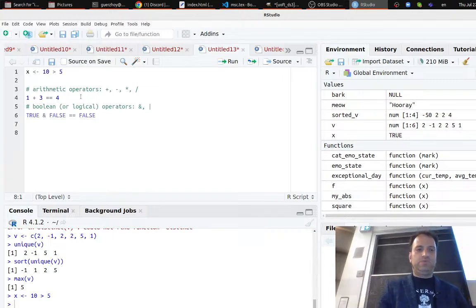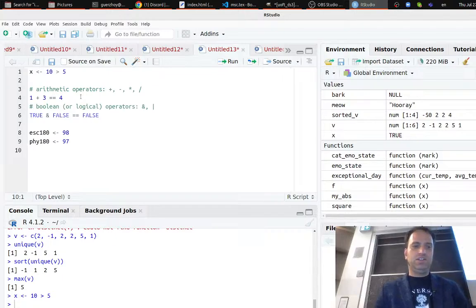And we can write it like this, right? Let's say ESC 180 is 98, and Physics 180 is a mere 97. I forgot what I said, but ESC 180 is equal to 98, and Physics 180 is equal to 100.